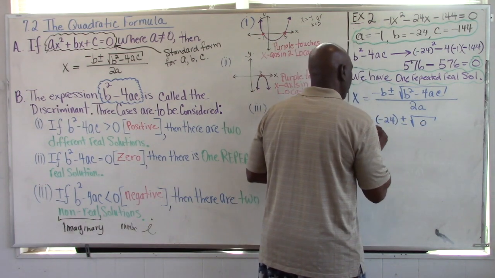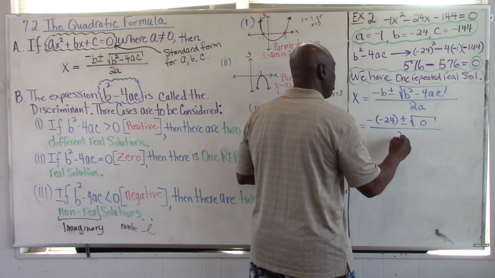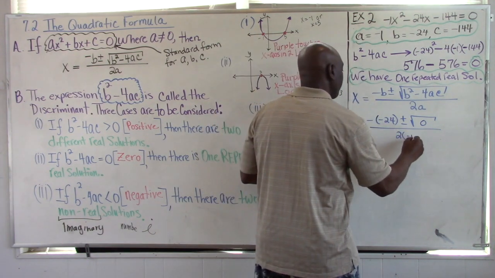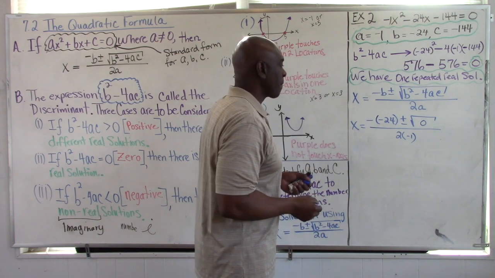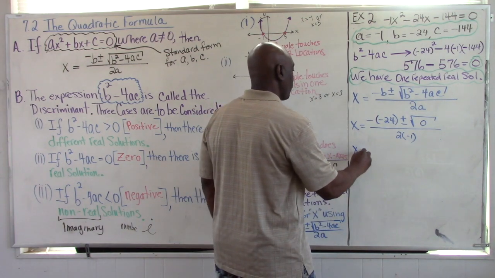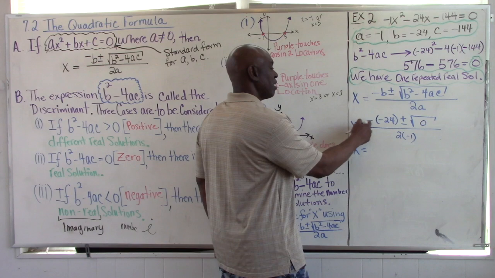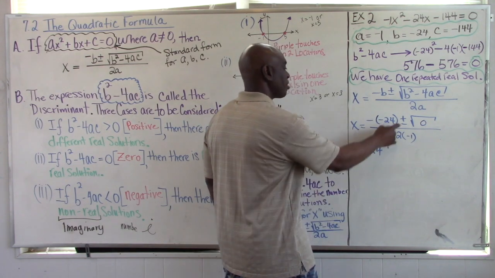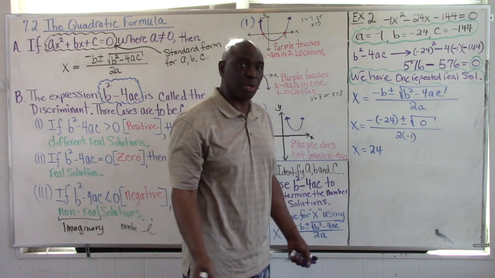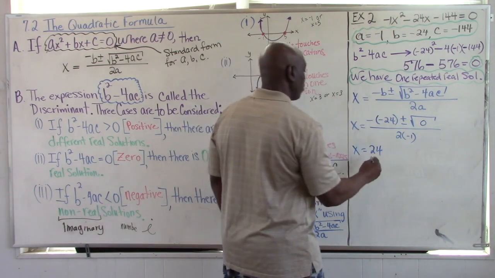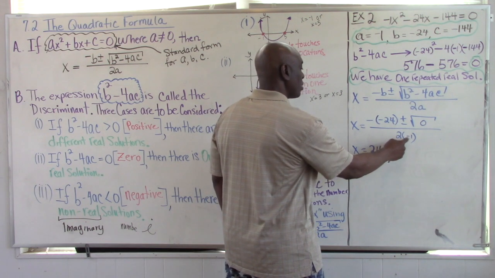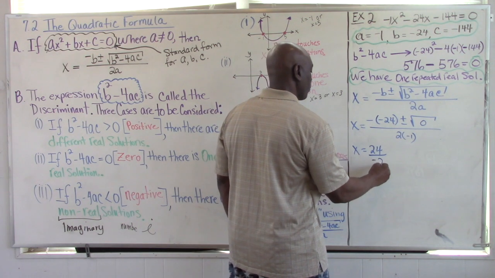0 all over 2 times, what is a? A is negative 1. So x equals the opposite of negative 24, which is 24, plus or minus the square root of 0, which is 0, all divided by 2 times negative 1, which is negative 2.